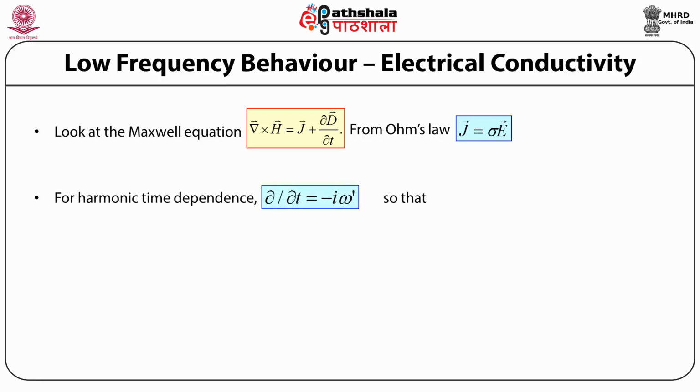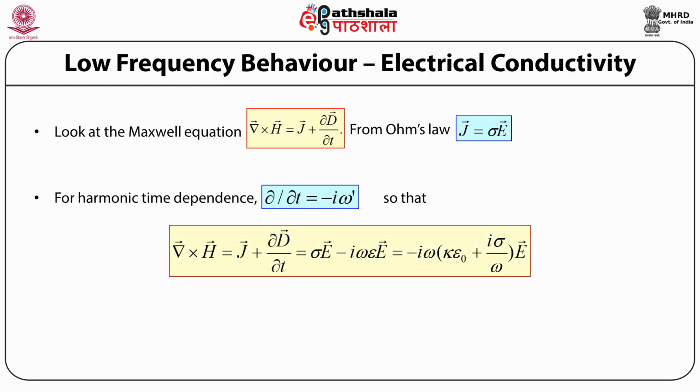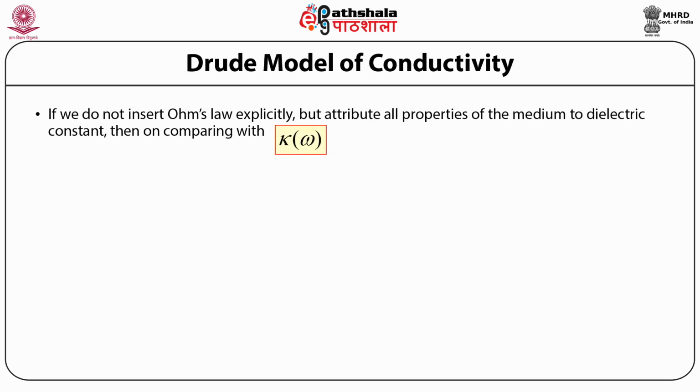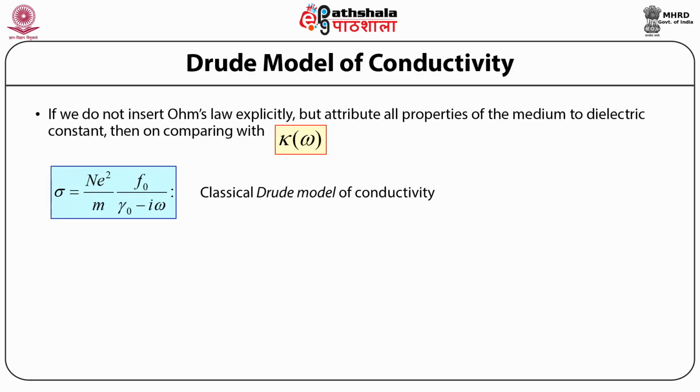With harmonic time dependence, we have del by del t equals minus i omega, so that del cross H equals J plus del D by del t, equals sigma E minus i omega epsilon E, equals minus i omega times K epsilon naught plus i sigma over omega, whole into E. So if we do not insert Ohm's law explicitly but attribute all the properties of the medium to the dielectric constant, then on comparing we obtain sigma equals n e squared by m times f naught, whole divided by gamma naught minus i omega.